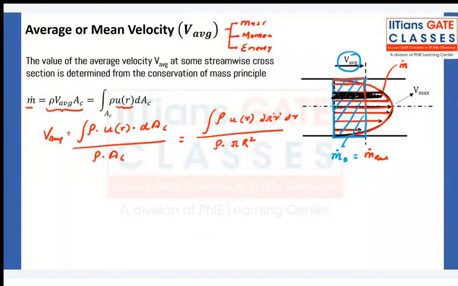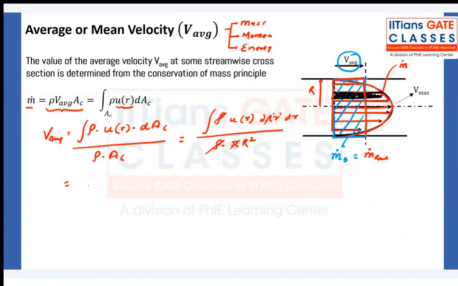I can take my whole radius, pi by 4 d square you can say. This is my cross-sectional area. Now I can cancel a few things. Density is a constant property of the fluid, so it cancels, and pi can be removed. Now what am I left with?